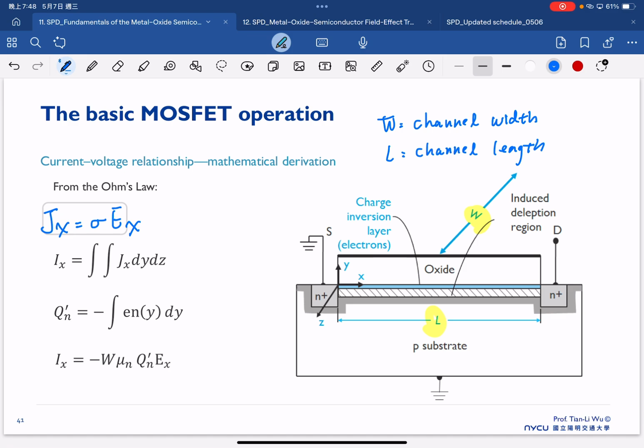So the current Ix is equal to an integration of the current density over dy dz, and with the charge distribution, in the end we have this current equation equal to mobility, the magnitude of the charges in the channel, and the electric field in the x direction.